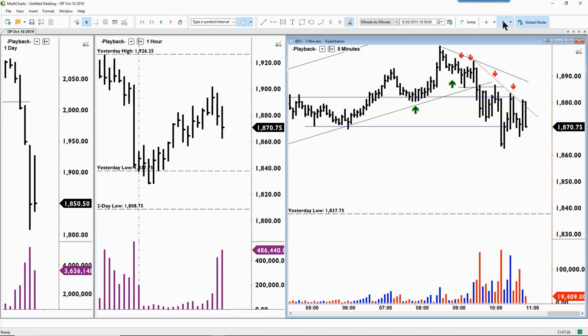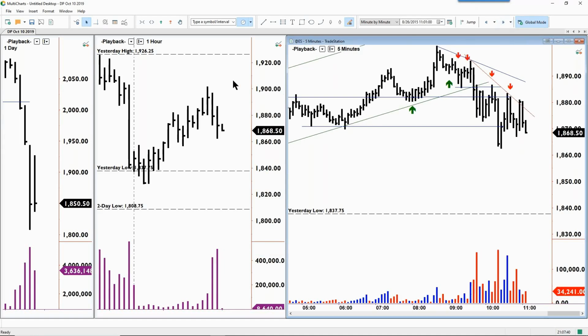Yeah, this is typical. But what we want to pay attention to is the higher time frame. There's no demand coming in here, right? The demand up was fairly weak because of the choppiness. It started out okay, but then got choppy in here. The volume's coming in, and it's coming into the downside.